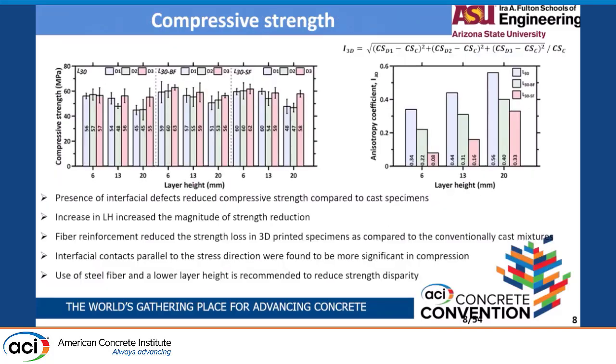So in 6 and 13 mm samples we do not see a strength decrease, but at 20 mm layer height there is a strength decrease in the D1 sample also. This trend of strength dependence on direction remains similar for basalt fiber and steel fiber reinforced samples. But compared to the cast samples, the fiber reinforced samples had a lower reduction in compressive strength.